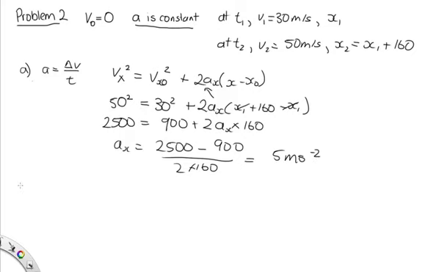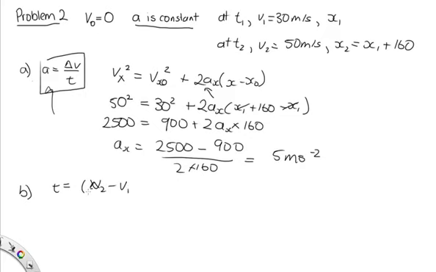Now part B of the question asks us the time required to travel the 160 meters mentioned. Okay, so the 160 meters is travelled between t1 and t2. So what we can actually do now is use this formula here, because we have the acceleration, we have the change in velocity, and we're trying to find the time. So time is equal to the change in velocity, which is v2 minus v1.